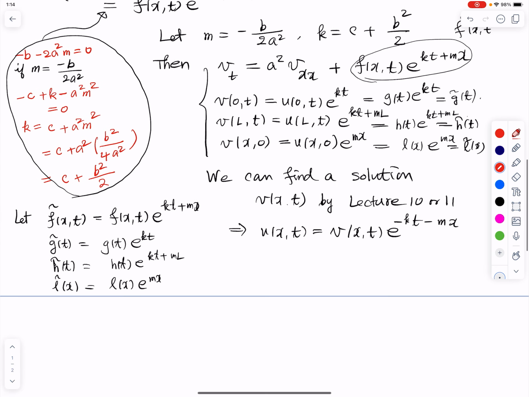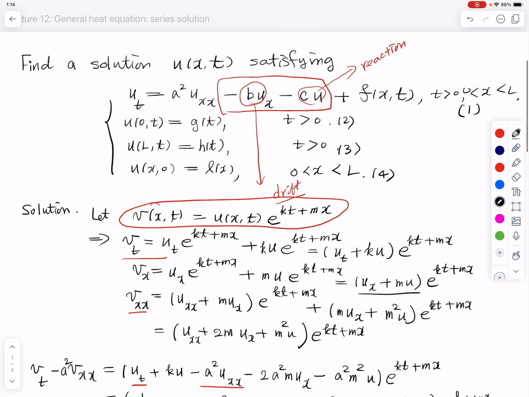Then this is a solution of the original problem. So here, all you need to do is change the function.